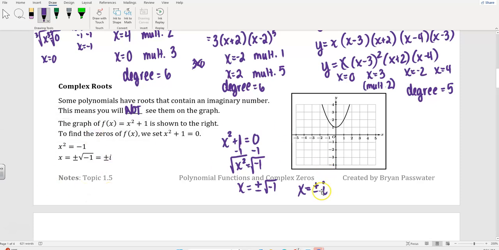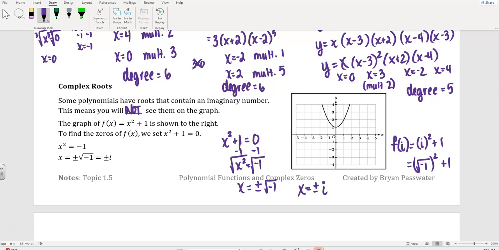So these are called complex zeros. They do not show up on the graph. They are not x-intercepts. But if I plug i back in, if I do f of i, that would be i squared plus 1, which would be the square root of negative 1 squared plus 1.